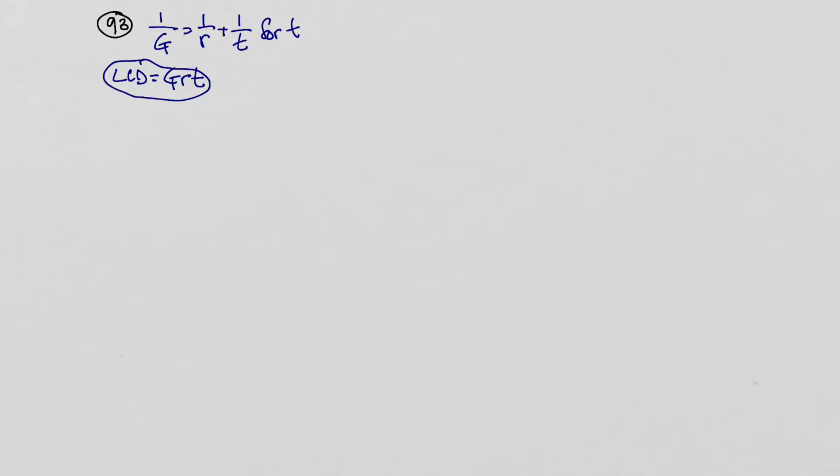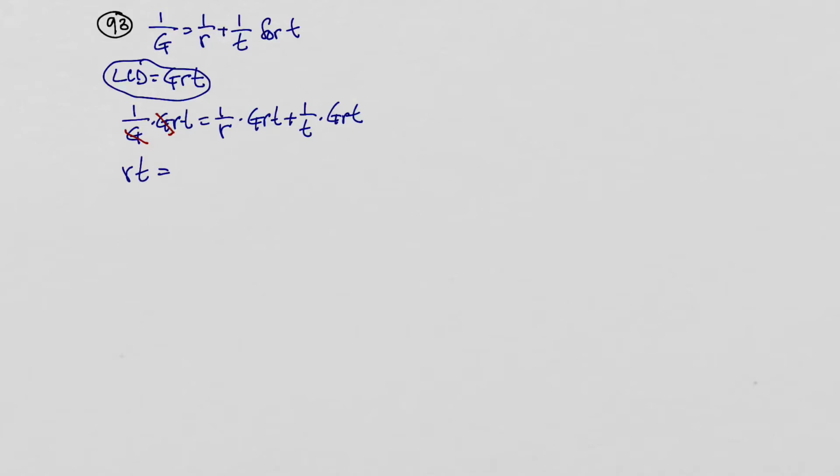So let's do that. We get 1 over g times grt equals 1 over r times grt plus 1 over t times grt. Now let's cancel in these denominators. So that g here will go with that one, and we'll be left with that 1 times rt, which gives us rt, equals.